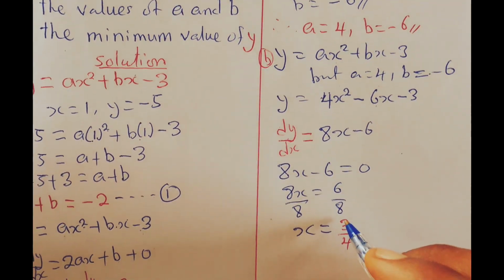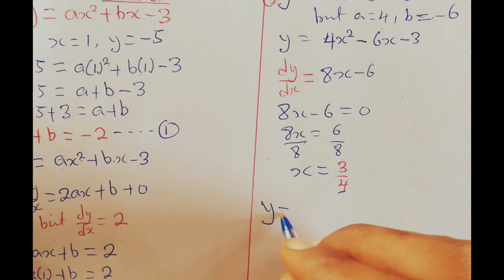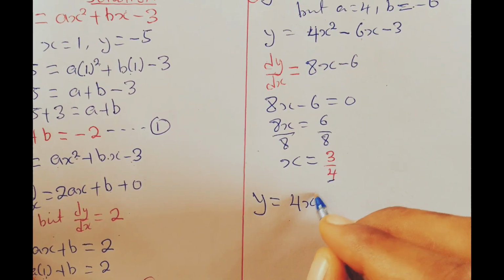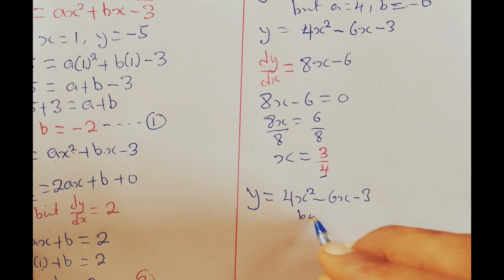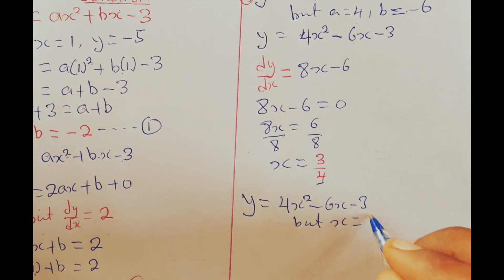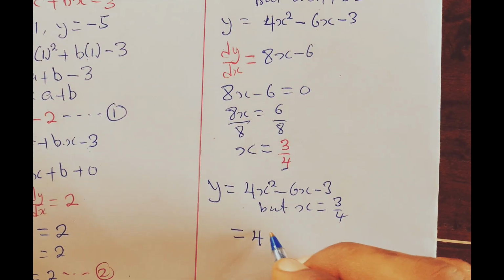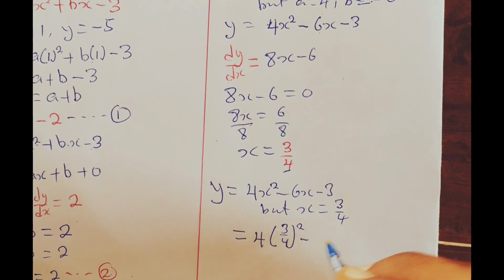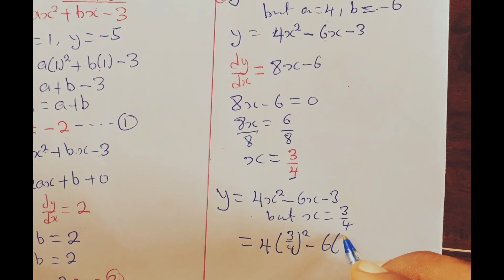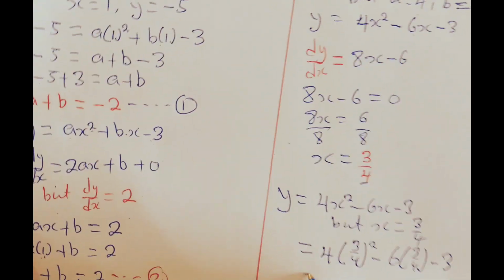So I need to substitute this back into the original equation, which is y is equal to 4x squared minus 6x minus 3. But x is equal to 3 out of 4.